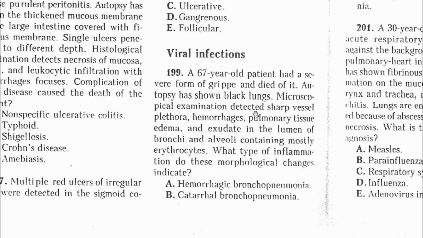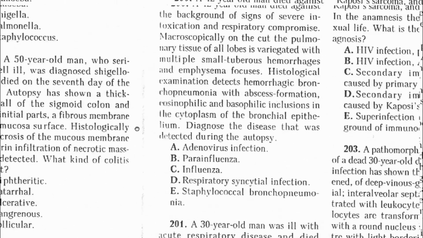Microscopical examination detected sharp vessel plethora, hemorrhages, pulmonary tissue edema, and exudate in the lumen of the bronchi and alveoli containing mostly erythrocyte. That's blood. What type of inflammation do these morphological changes indicate? This is indicating what? Hemorrhagic. So hemorrhagic bronchopneumonia. So the answer is A.